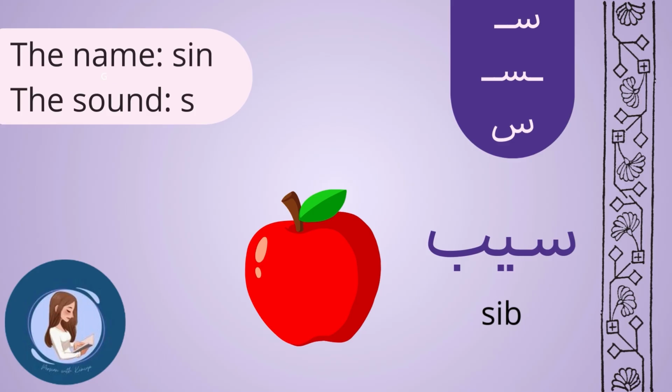This is how we connect the letters together. Like this word is sieb. Sieb means apple. See how we connect the letters together? And see when the letter se has come at the first part of the word, the appearance will be changed.